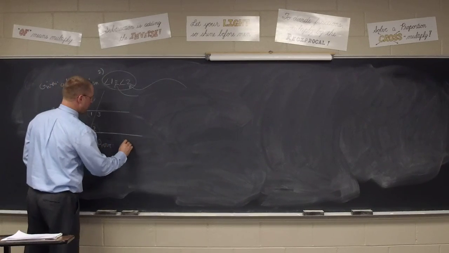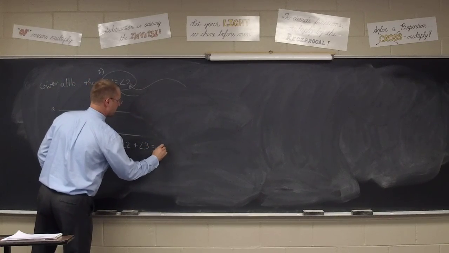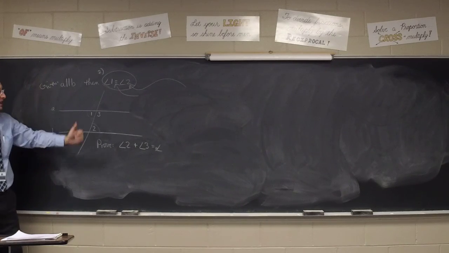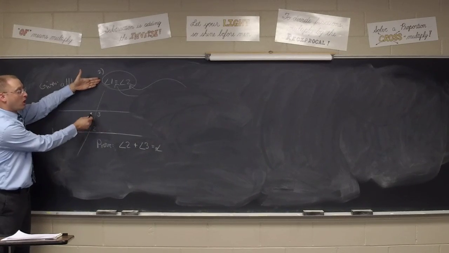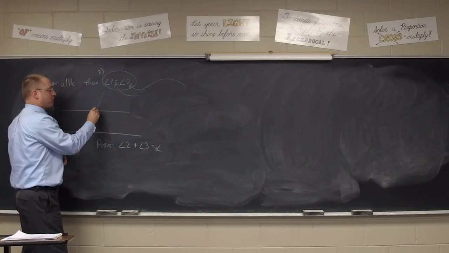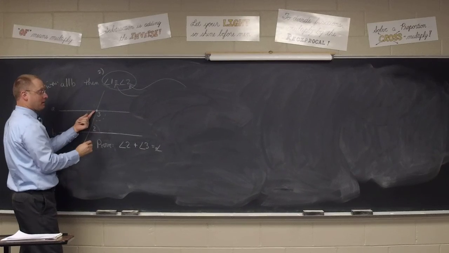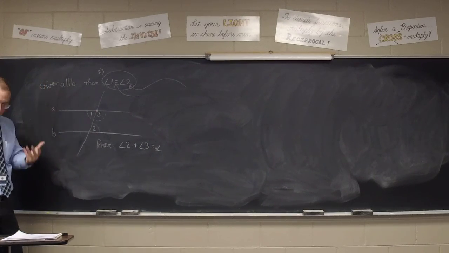So I might want to prove that angle 2 plus angle 3 equals a straight angle. Well, if we're given parallel lines, then per theorem 8, class, we know that the alternate interior angles have to be equal. We also know, thanks to informal statement 10, that the sum of all the angles on one side of a straight line equals a straight angle.